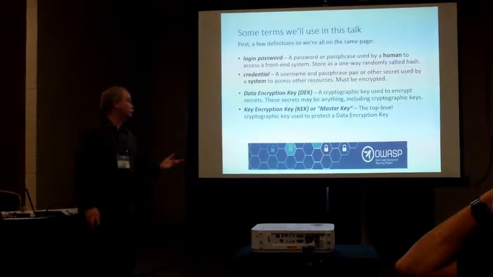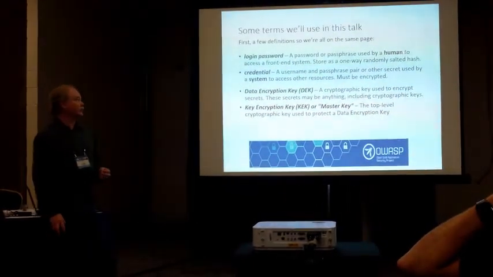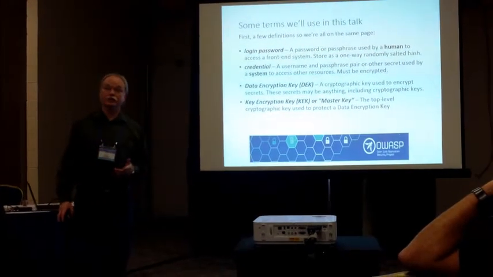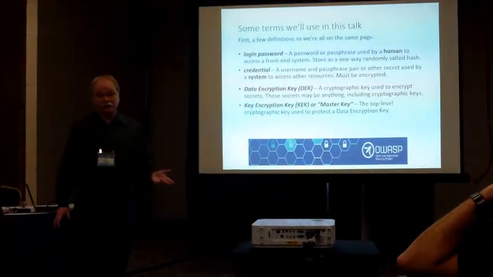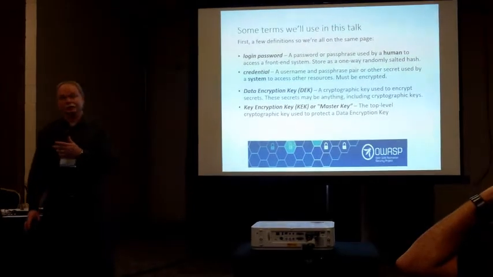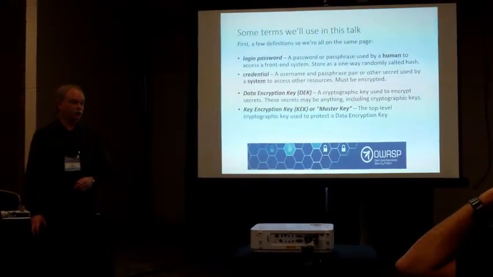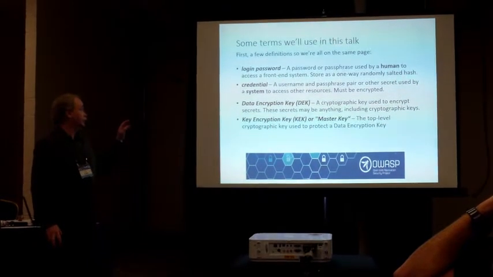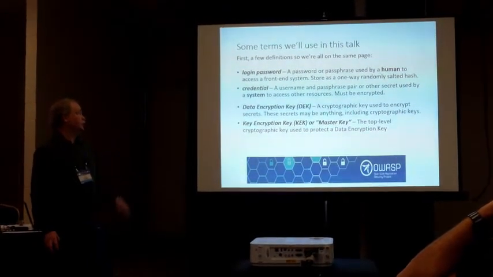Two technical terms we use is a data encryption key, or DEK. That's the key used to encrypt whatever secrets your application is trying to protect. They might be keys, but they also might be passphrases for a key store or whatever. The other one is the key encryption key.